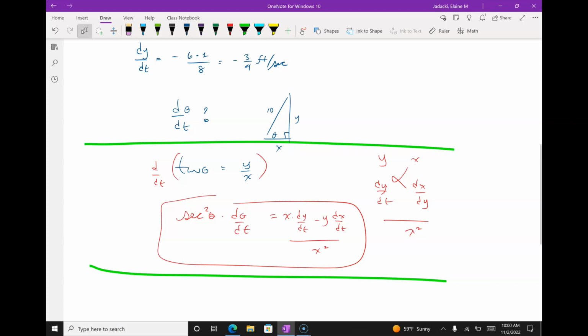What else is changing? What can you tell me geometry-wise about a triangle?